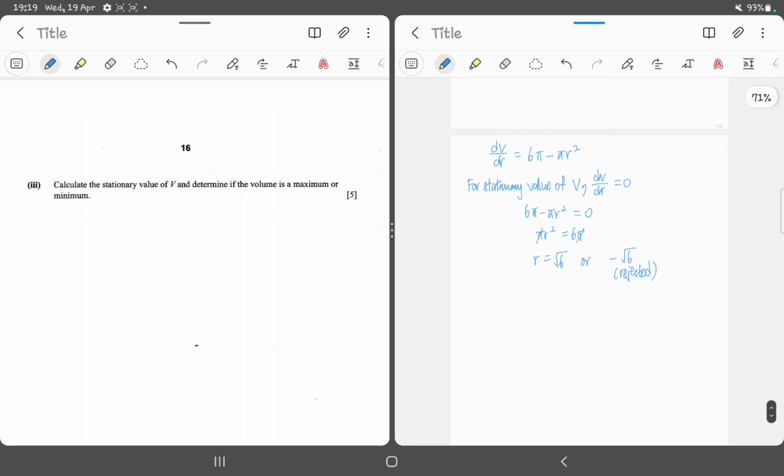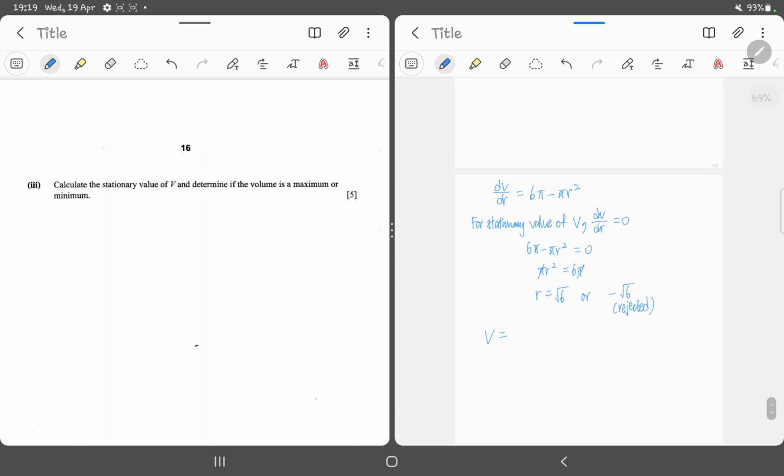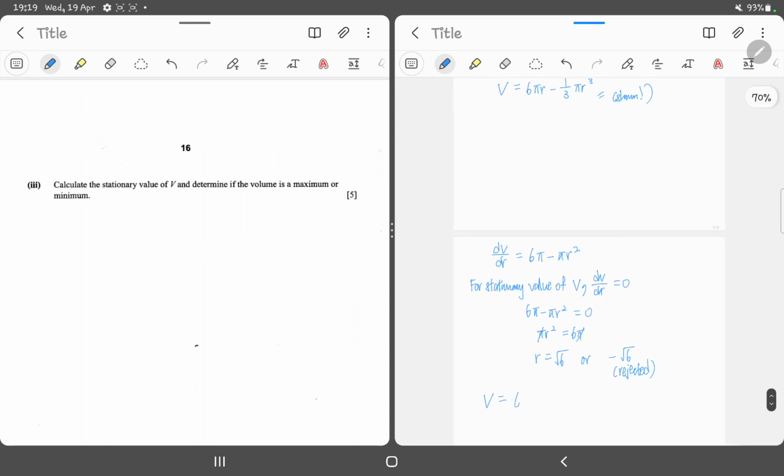Now we know the value of r, we can substitute it back into the volume equation, V equals 6 pi r minus 1 over 3 pi r cubed.